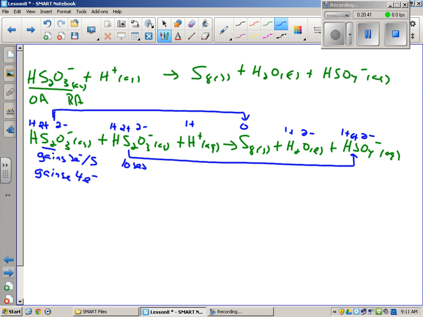Anyway, we'll get to that in a second. 2 plus to 6 plus, so that one loses 4 electrons per sulfur. In total, loses, there's 2 of them, 8 electrons. And by the way, you should label them as the OA and the RA, okay? So this here would be, let's see, gaining. So this is OA here, and this is your RA here, okay, for that one there.